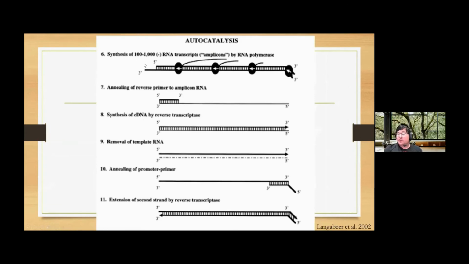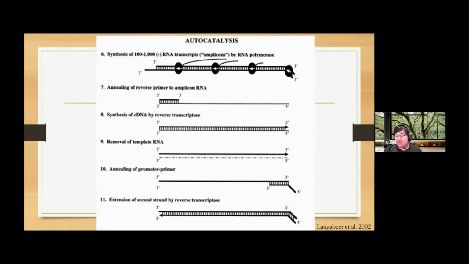So we would then use RNA polymerase to make hundreds or thousands of RNA transcripts, and then we would rinse and repeat the process. Put a primer onto the RNA, make a copy of DNA using reverse transcriptase, remove the RNA template, add another primer, and then create a double-strand DNA.